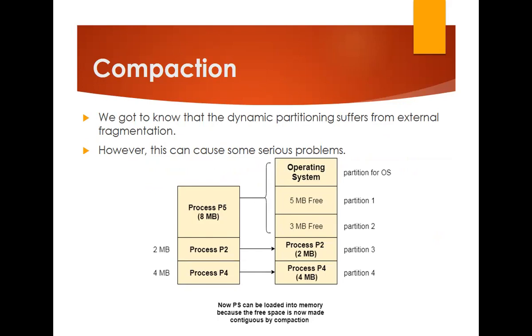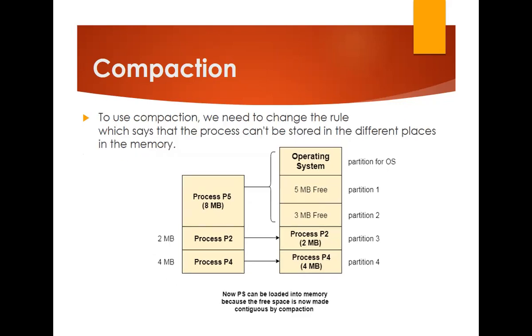Okay, so what we can do, let me read it. To use compaction, we need to change the rule which says that the process can't be stored in different places in the memory.